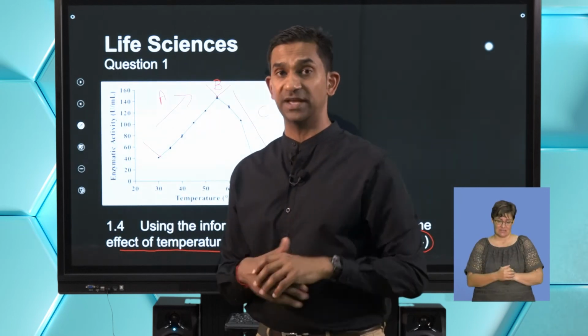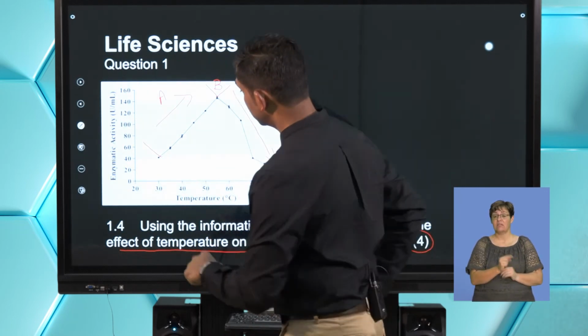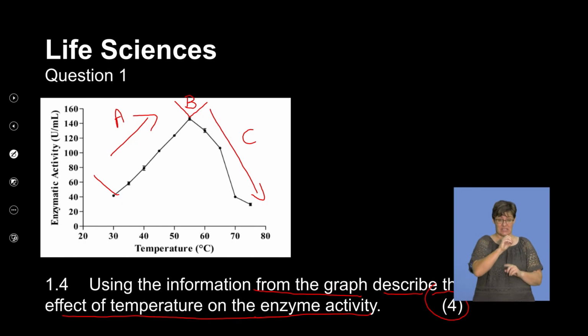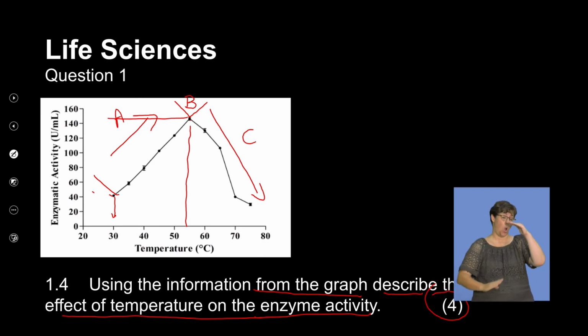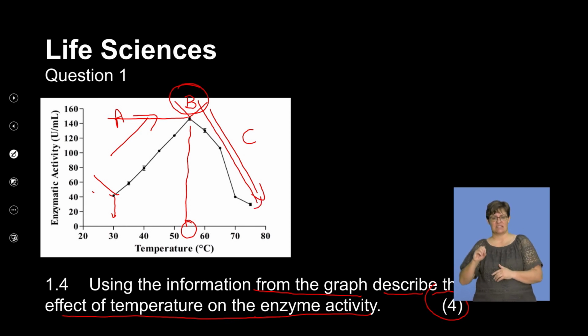It's important that you describe the trend over a particular range and you use values to support that. So I would say, well, the rate of the reaction increased from 30 degrees to around 55 degrees, from 40 units to a high of 140 units. It reached the optimal enzyme activity at this particular temperature, and then it decreased further from that till 70 degrees or 75 degrees Celsius.